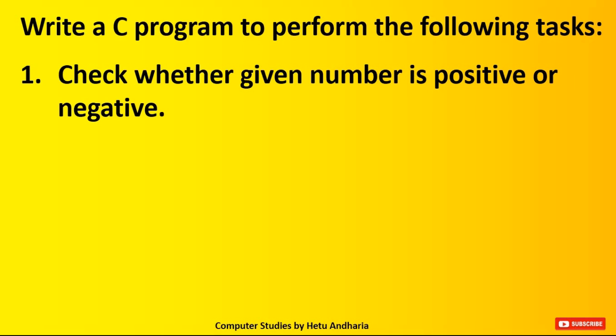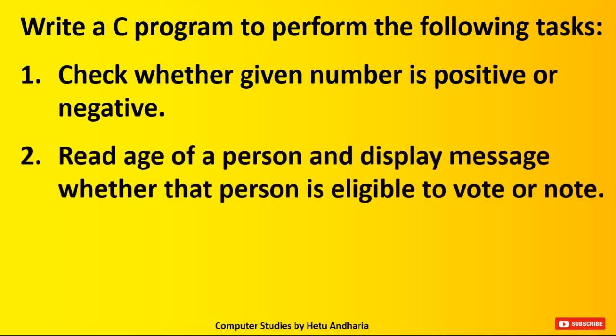Okay, 2 things. Then next thing, read age of a student, of a person, and display whether that person is eligible to vote or not. Right? By mistake I have typed here NOT not, it is NOT not. Okay, whether is able to vote or not. So in that you will have to check his age, and you have to put the condition.